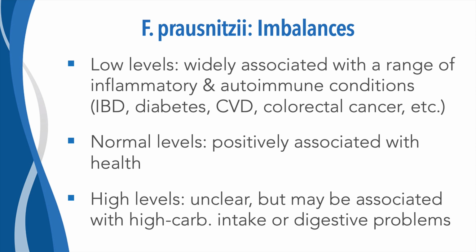Those conditions include inflammatory bowel disease, diabetes, cardiovascular disease, and colorectal cancer. This has been pretty firmly established in many different studies, as well as meta-analyses, where they're looking at a wide range of conditions, and by and large, in many of those conditions, Faecalibacterium prausnitzii tends to be lower than in healthy controls.